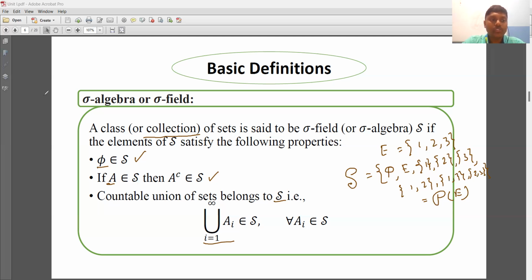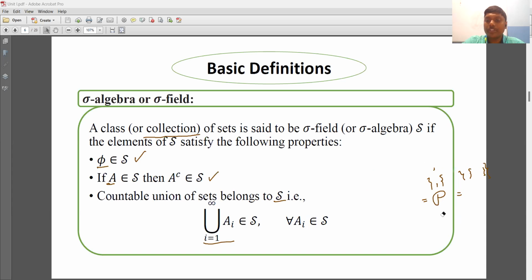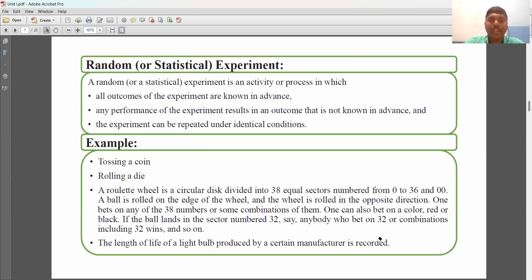Let me go to the next section, in which we will define what we mean by probability. We can define probability by using the axiomatic definition.